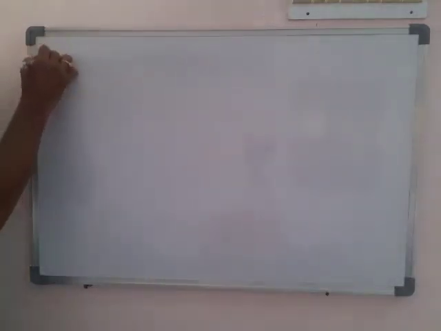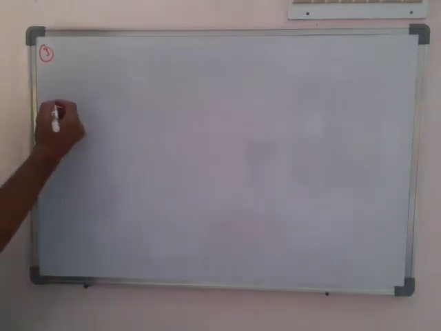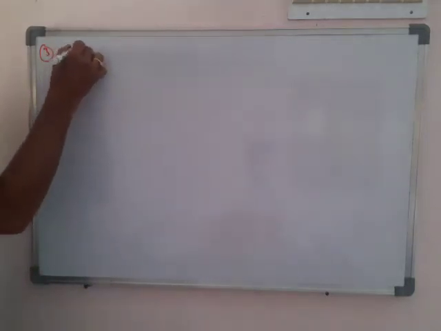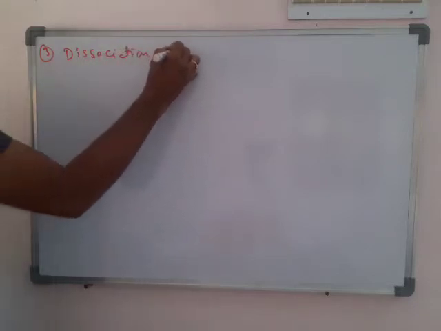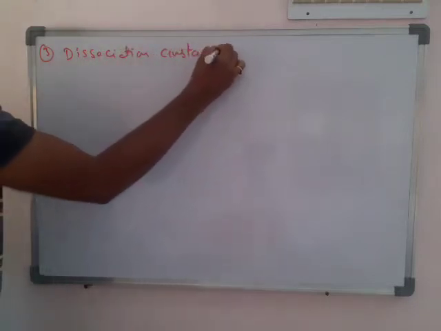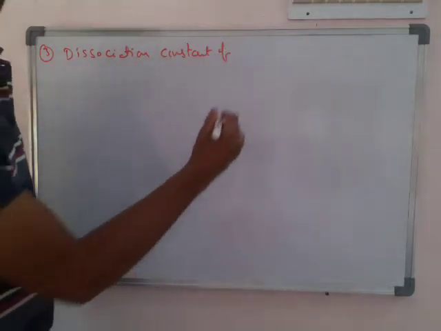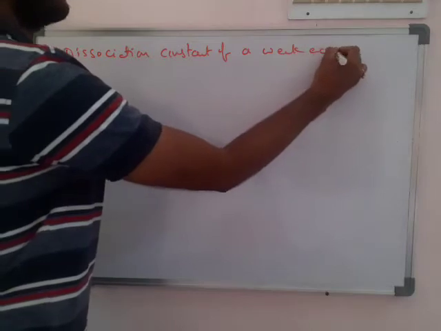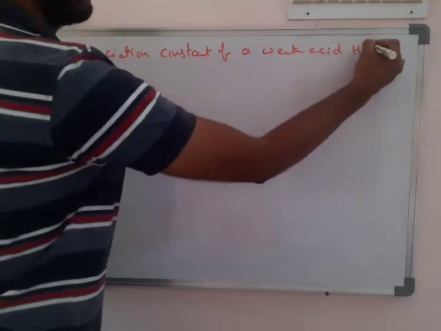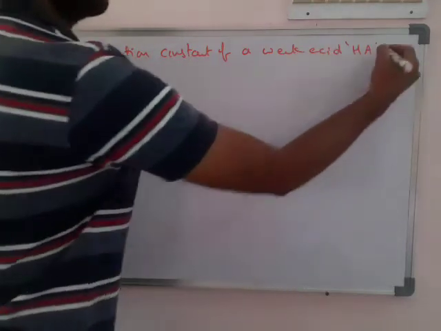Okay, see the next problem. Calculate the dissociation constant of a weak acid. It is given that it is a weak acid, mentioned as HA.